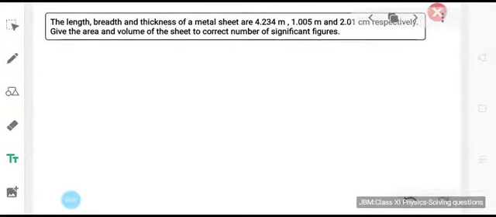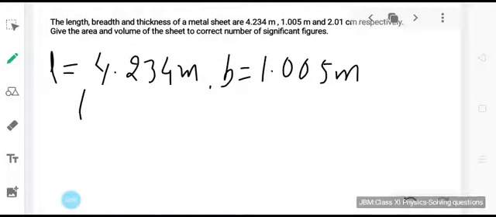Okay. So we have length equal to 4.234 meter, breadth is 1.005 meter, and thickness is 2.01 centimeter.